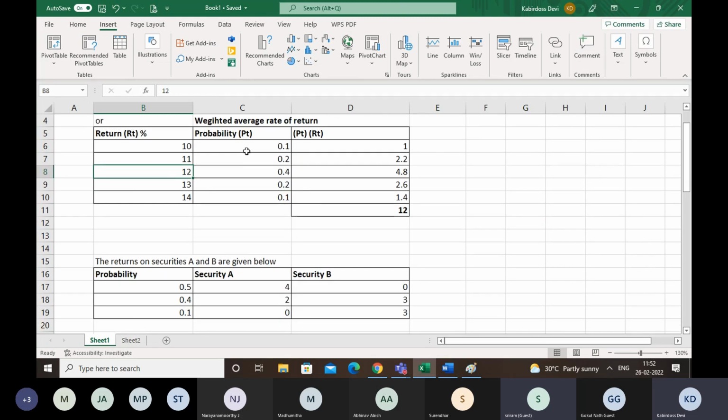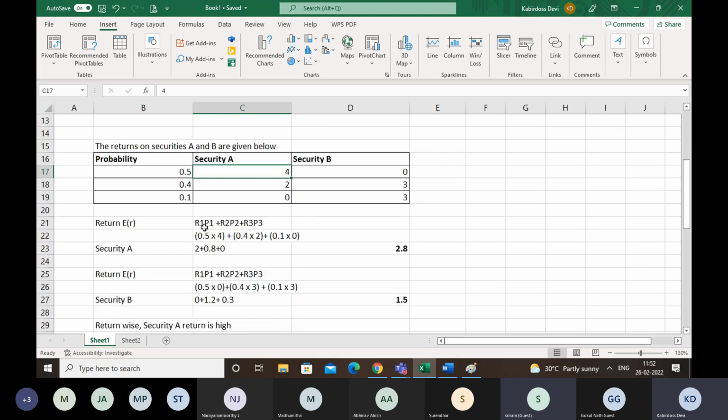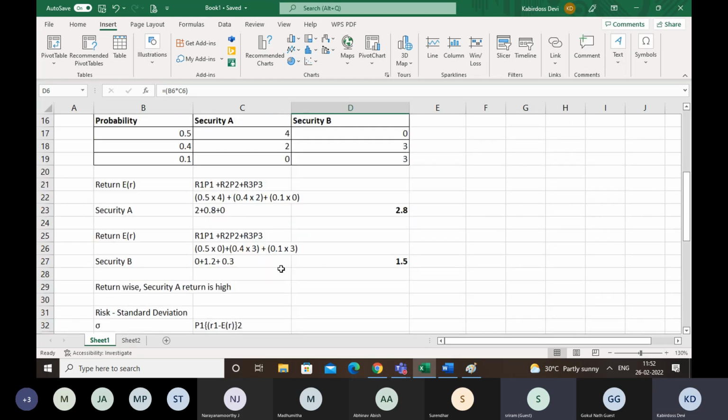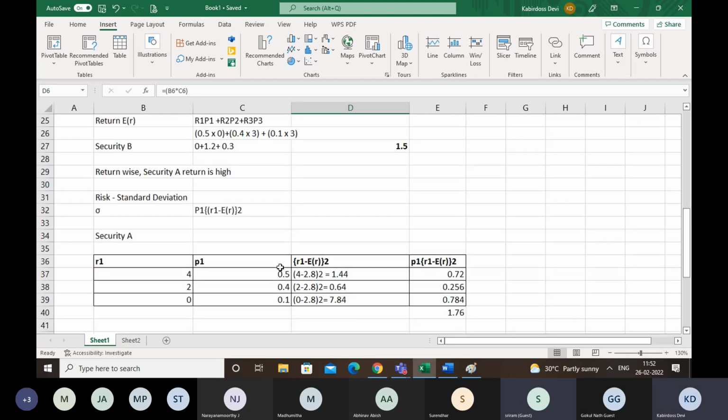So like that we have been calculating, right? So probability and security return, we multiply this and this, and we add up to get the weighted average. You remember this from last week? So this is called the expected return.